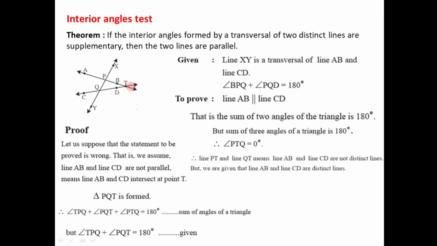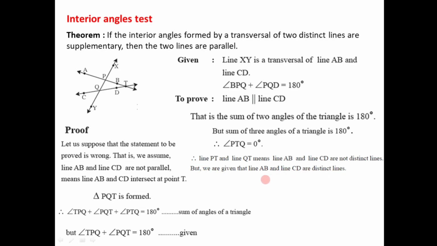Here line PT and line QT, that means line AB and line CD, are not distinct lines. Only then do we get the measure of angle PTQ equal to 0 degrees. So we arrive at a result that line AB and line CD are not different, which is a contradiction to the given, because we are given that line AB and line CD are distinct lines.